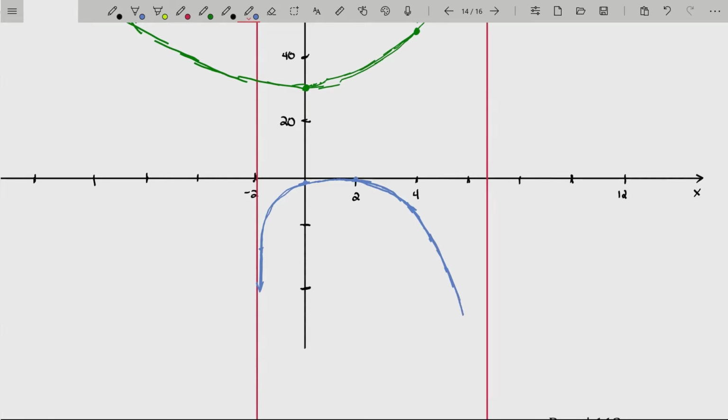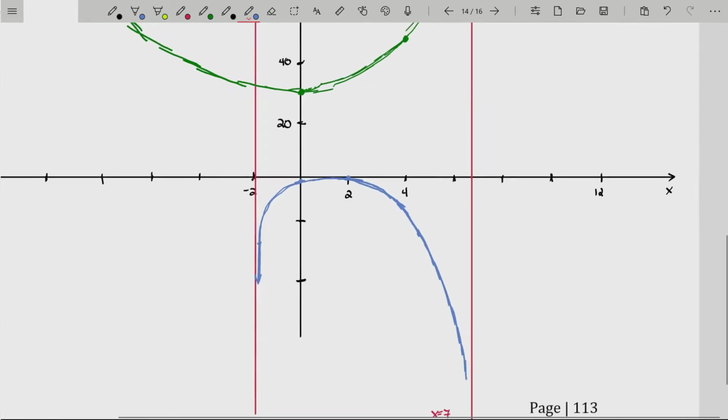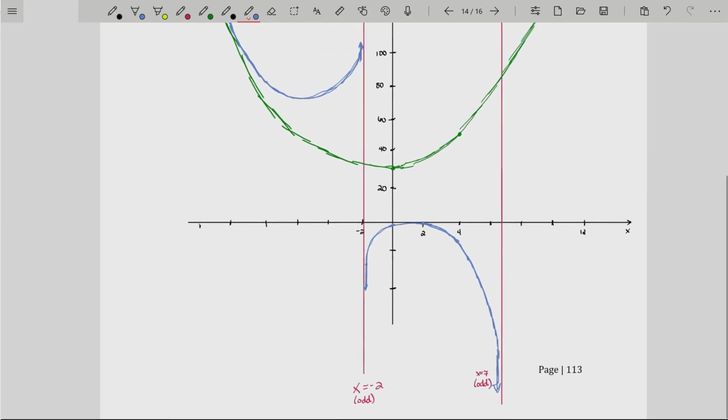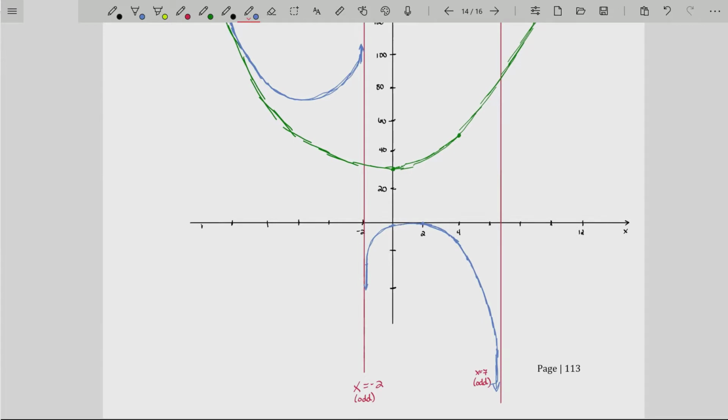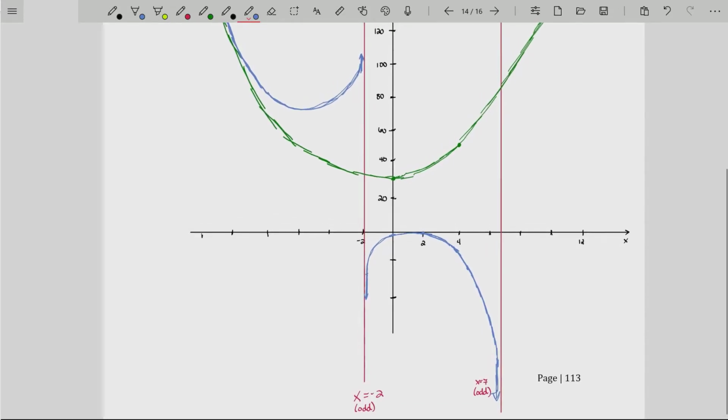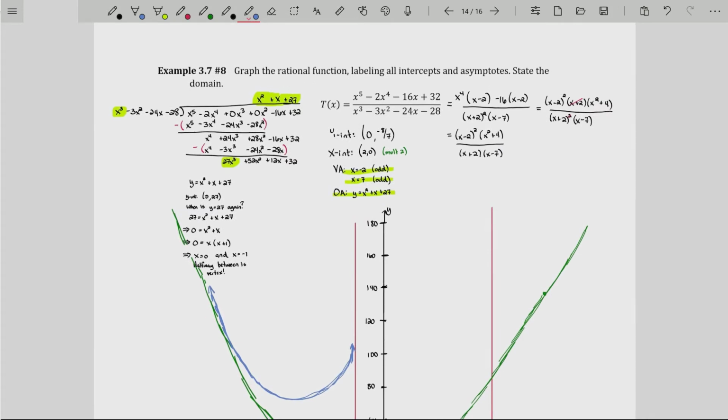And otherwise, as you draw it to the right, it's just going to dive down because it doesn't want to create yet another x-intercept. And finally, because that vertical asymptote to the right there is odd multiplicity, since it's going down on the left-hand side, it'll start up on the right-hand side. And eventually it'll want to start hugging the parabola.